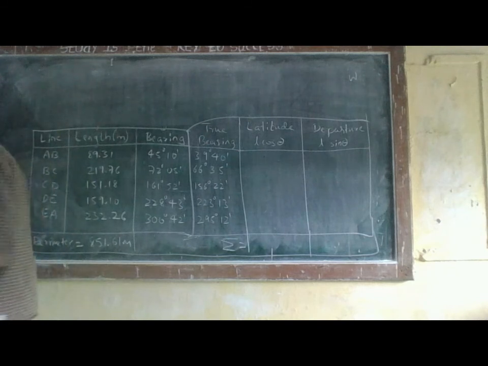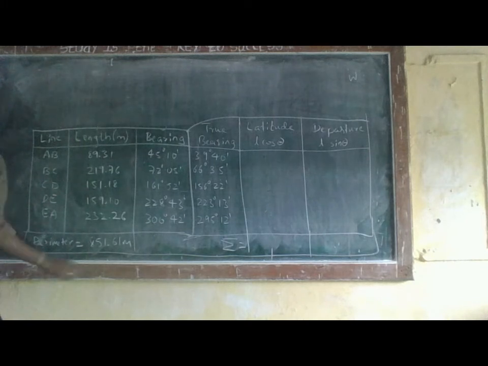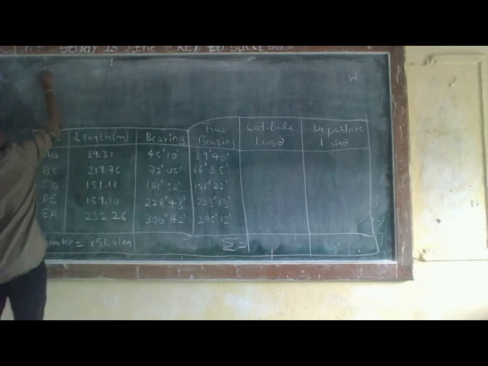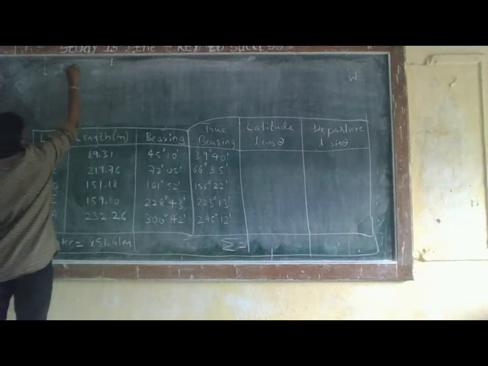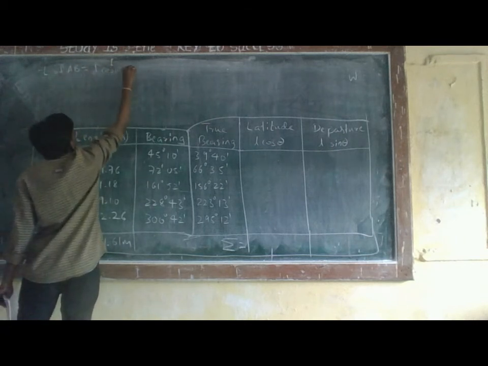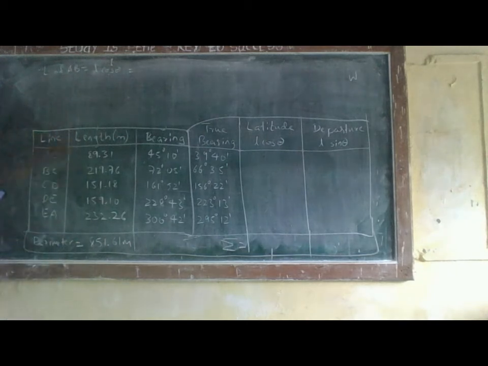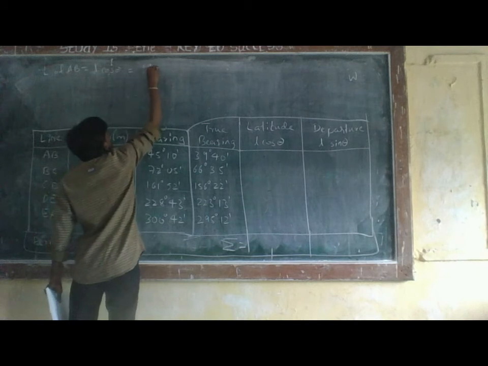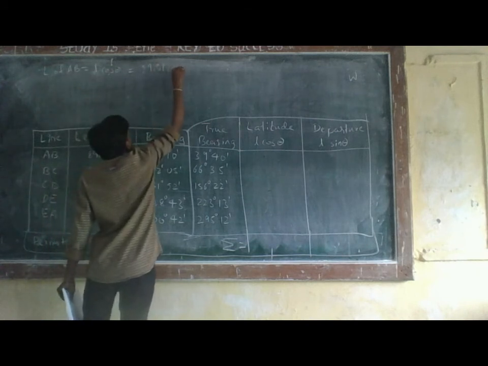I'll show you one example. Latitude of AB is equal to L cos theta. The length of AB is 89.31, cos theta.